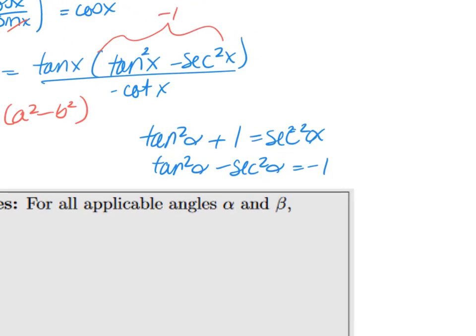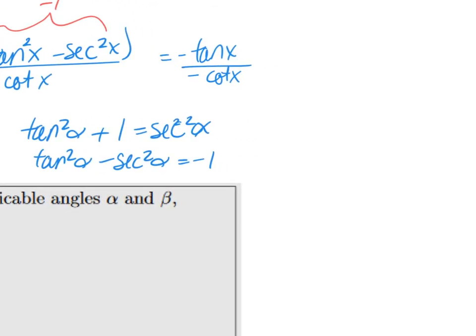So what I now have is the tangent of x multiplied by negative 1, so I'm just going to write it as the negative tangent. You all okay with that? And then over the negative cotangent of x in the denominator. What happens to my double negatives? They cancel out. So I end up with tangent x over the cotangent x. Do I have a relationship between tangent and cotangent?